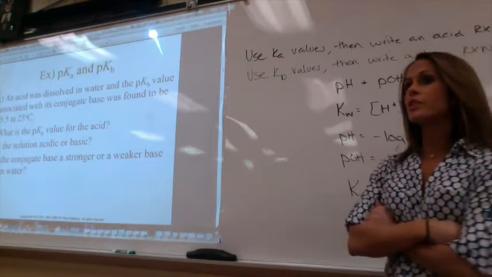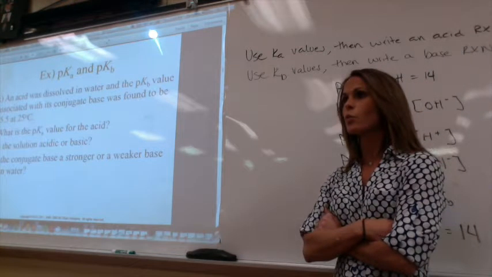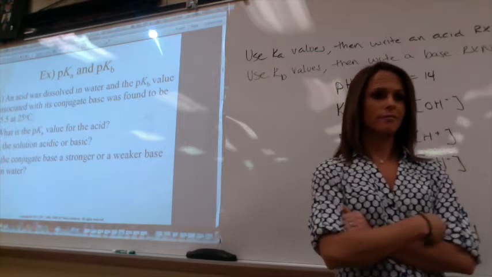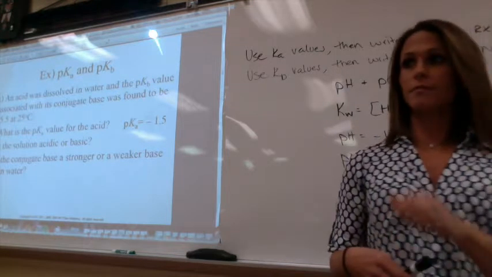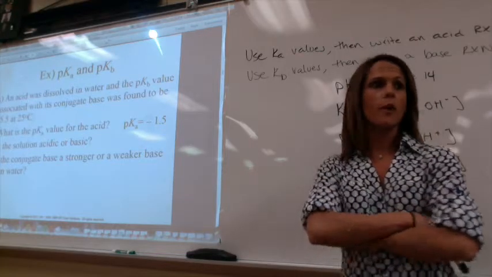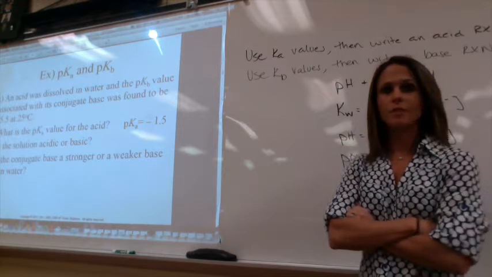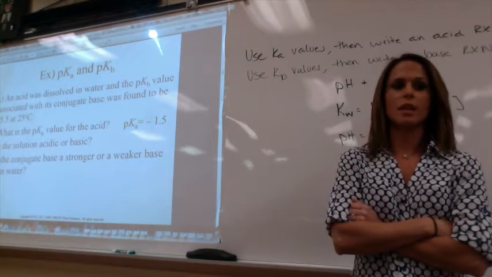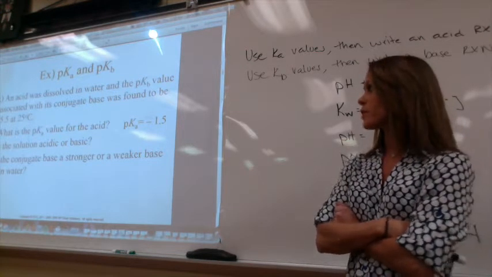Because we said we should have a very strong acid, what should the pKa be? Really low, right? And it is. We get negative 1.5, because 14 minus 15.5 gives you a negative 1.5.